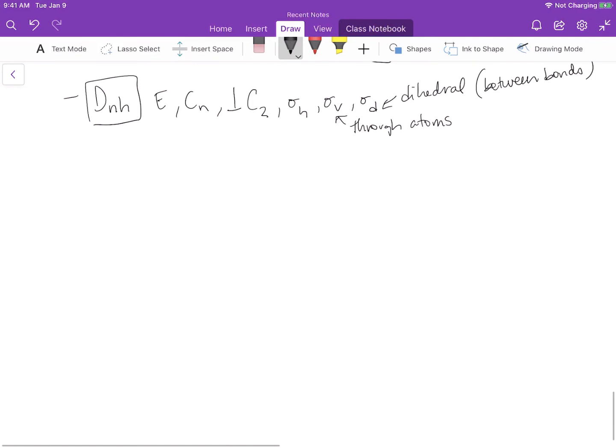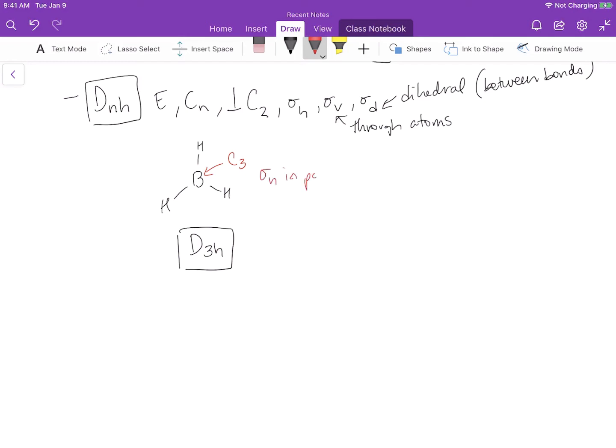So some common examples, so here, this is D3H. So we have a C3 perpendicular. We have a sigma H in the plane of the paper. We have sigma V's here.